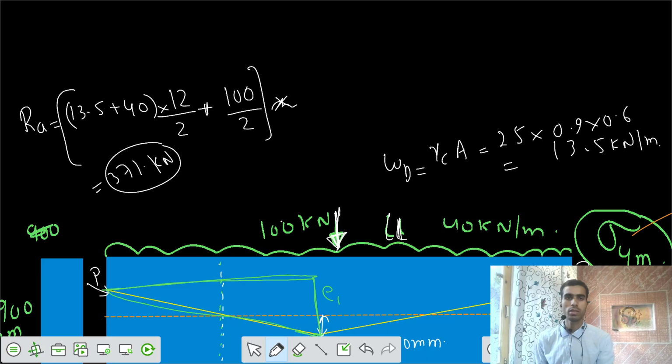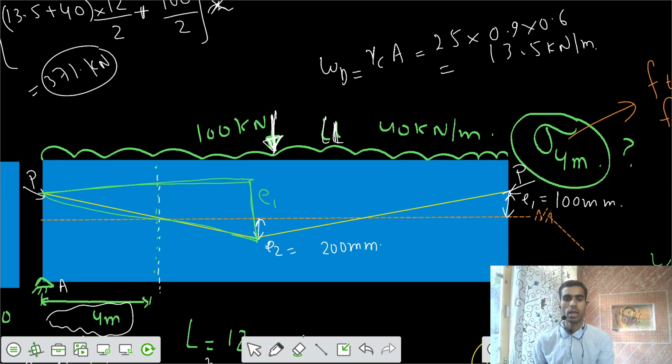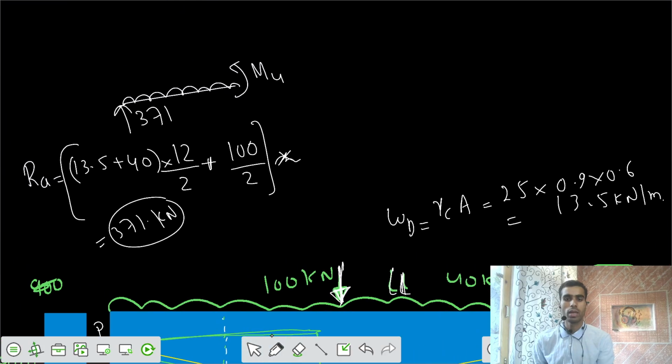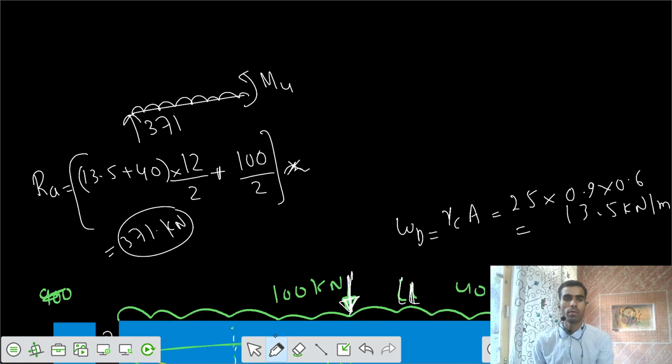Now can you tell me what is the bending moment at this section M4, which is having some UDL and some reaction of 371? The total UDL here is 53.5, and the total length for the section is 4 meters. Can you calculate the bending moment at that section?